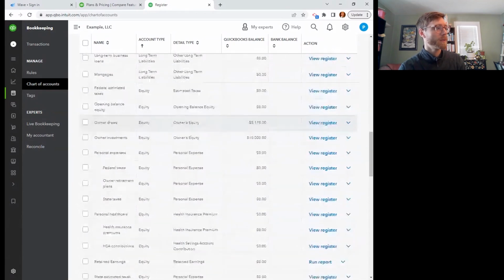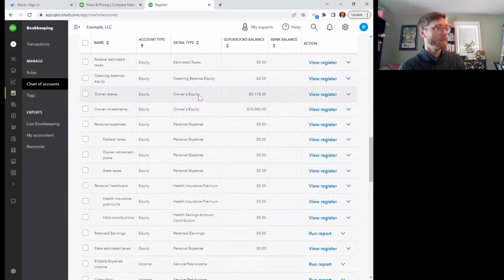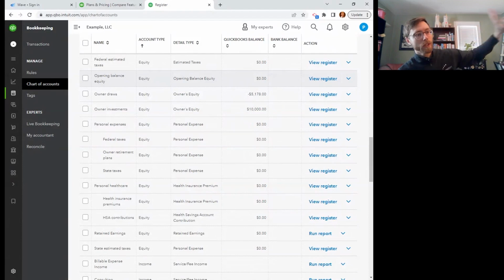And then here we go. So we're getting to equity. We've got opening balance equity. That might appear if you have connected a bank account to QuickBooks, and at the beginning of the time period that you have told QuickBooks to go back to, so maybe you said, don't look at all the transactions from 2022, the previous years.